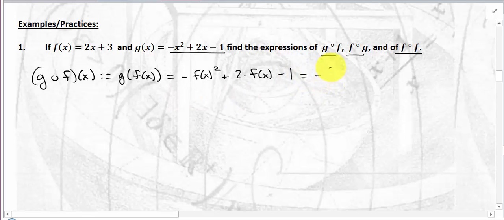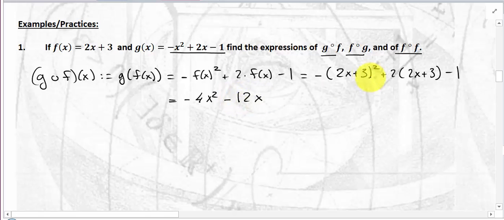This is negative, so 2x plus 3 squared, plus 2 times 2x plus 3, minus 1. We would need to expand that, so negative 4x squared, 6 times 2, 12, minus 12x, 9 minus 9, plus 4x plus 6 minus 1.